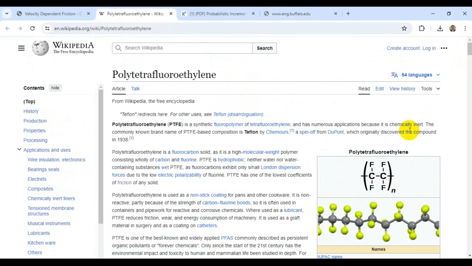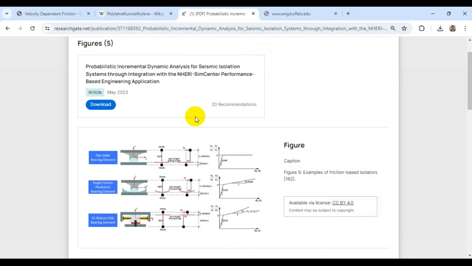PTFE is a synthetic fluoropolymer, commonly known by the brand name Teflon. This material is suitable for applications where reduced friction is desired, such as bearing seals and coatings, etc.